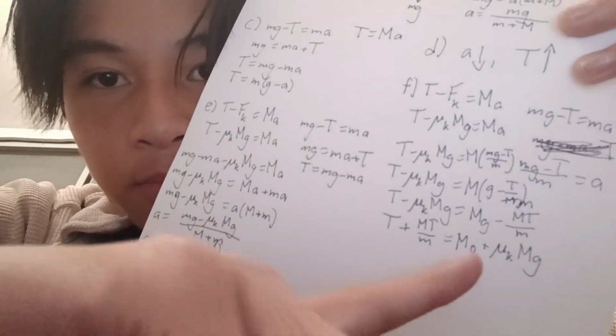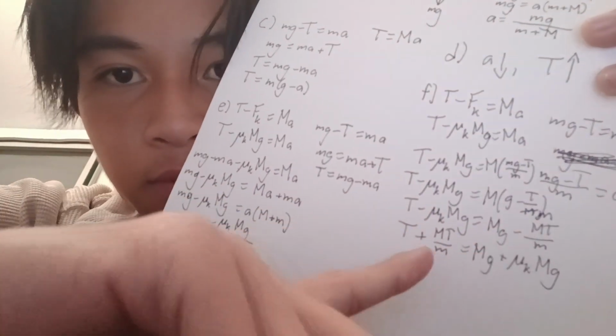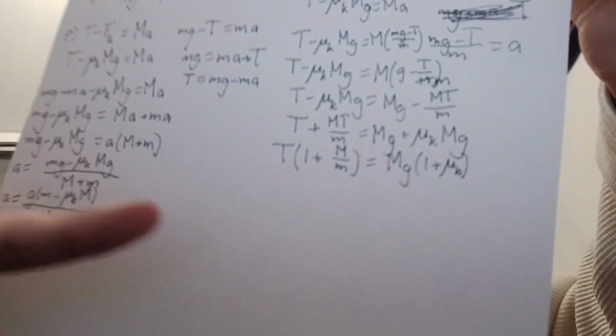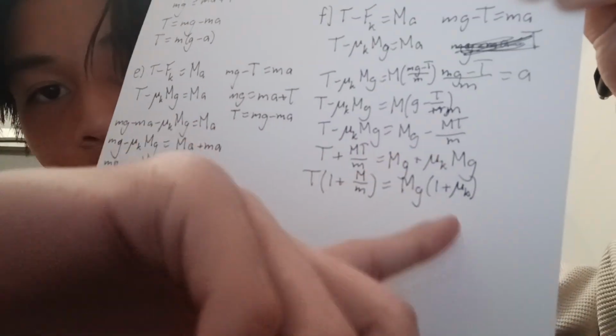Like this, right? Just bring this over here, bring this over here. And then factor out tension. And then on the other side of the equation, you can factor out mg. Just factor out the T from both of these terms, factor out the mg from both of these terms.